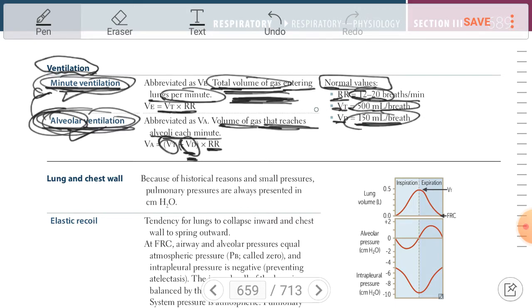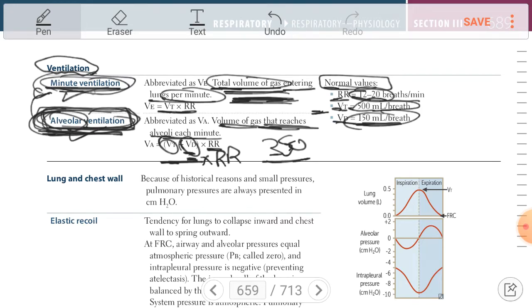So the tidal volume minus the physiologic dead space, 500 minus 150, is 350. This 350 multiplied by respiratory rate will give you the alveolar ventilation.